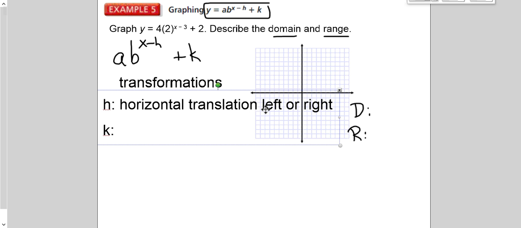K is a vertical, so if you say vertical, the C kind of sounds like a K, or K goes up and down. It's like flying a kite up and down. That represents a vertical translation. Translations are slides, slides around, up, down, right, left.